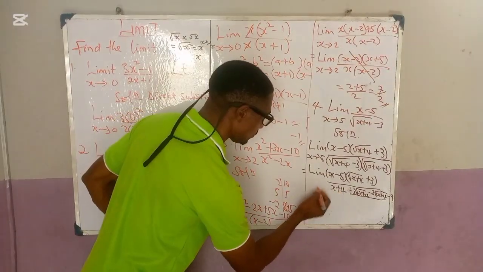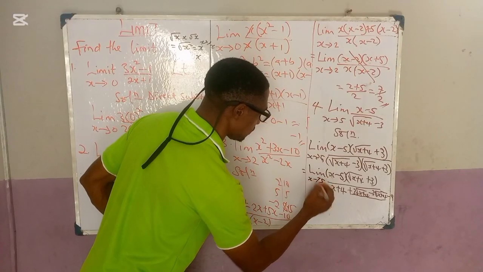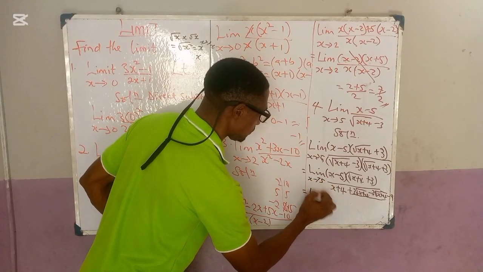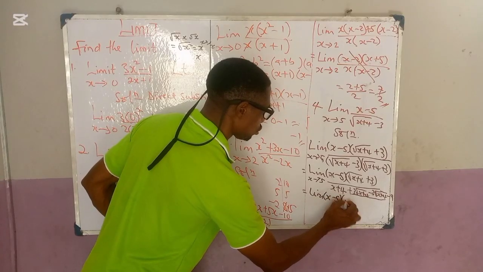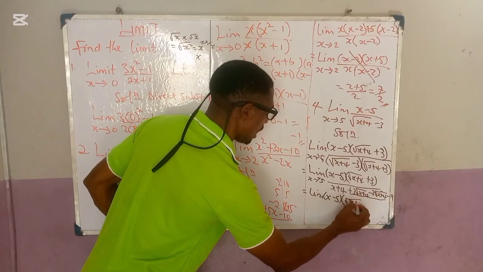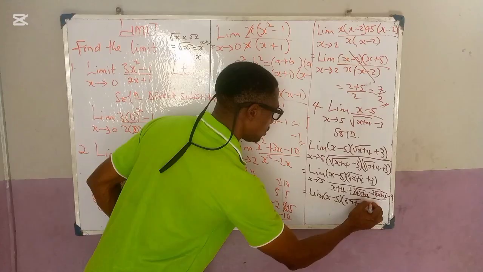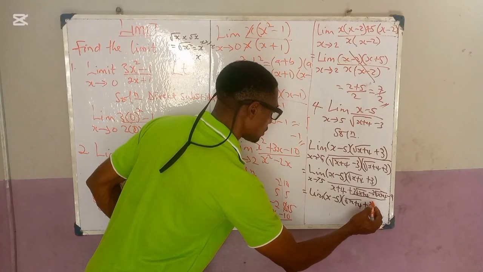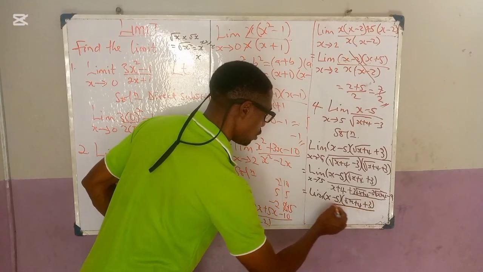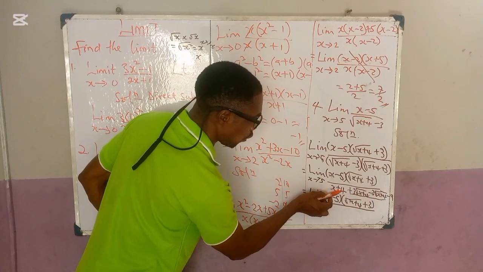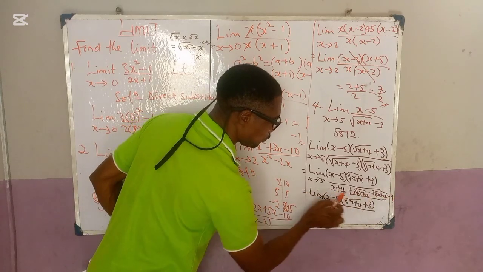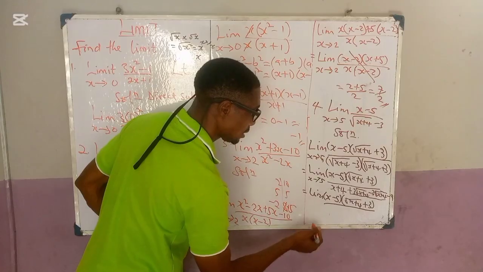So I have, as x approaches 5, now limit x minus 5 into root x plus 4 plus 3, on this has gone. I have 4 minus 9, which is minus 5.